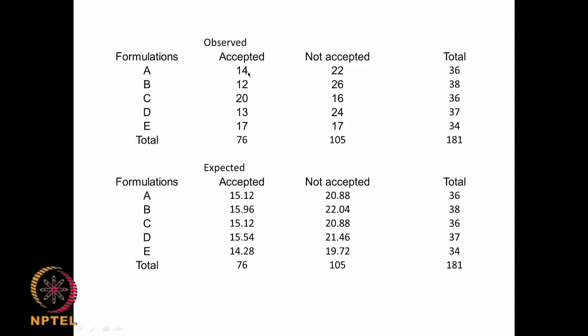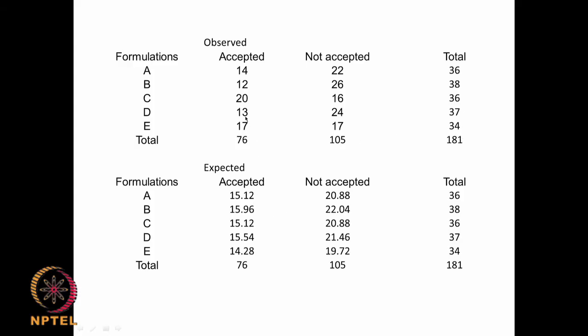If I want to calculate the expected here, as I taught you last time, it is quite simple: 76 divided by 181 multiplied by 36. That will give you 15.12. For formulation B in accepted, 76 divided by 181 multiplied by 38. For C, 76 divided by 181 into 36.